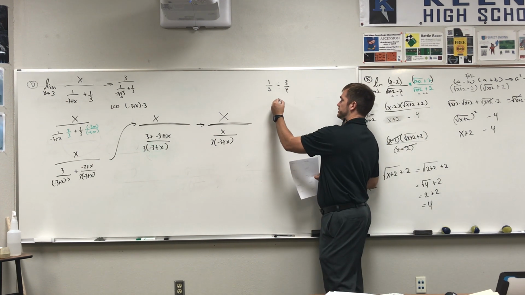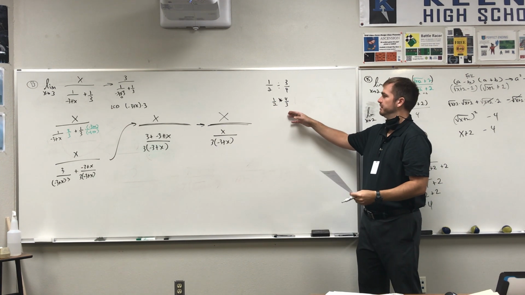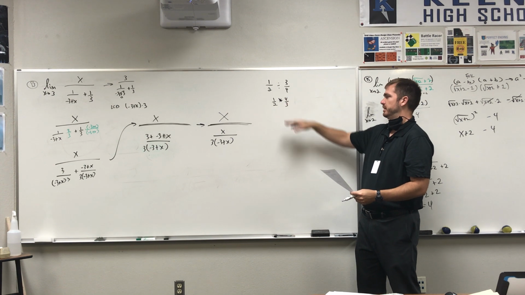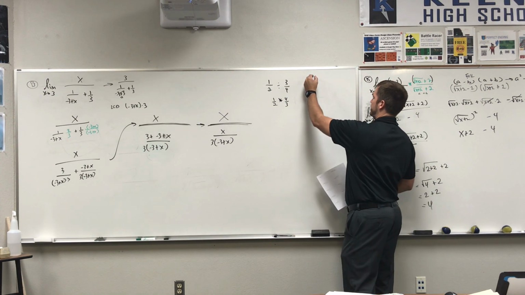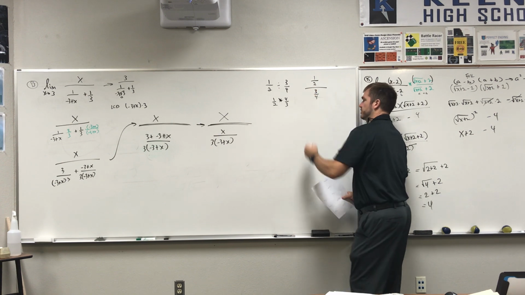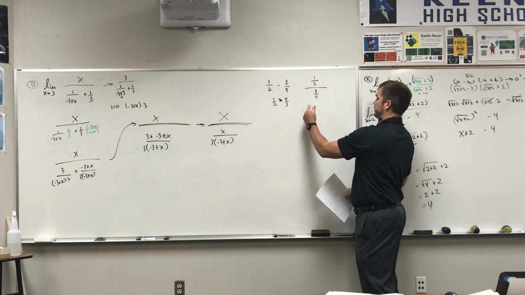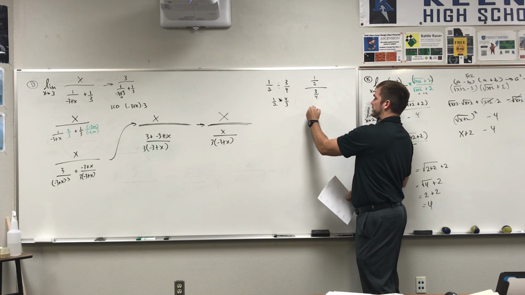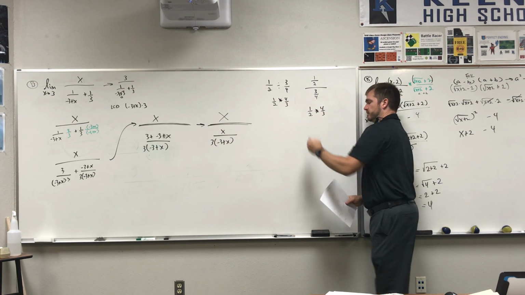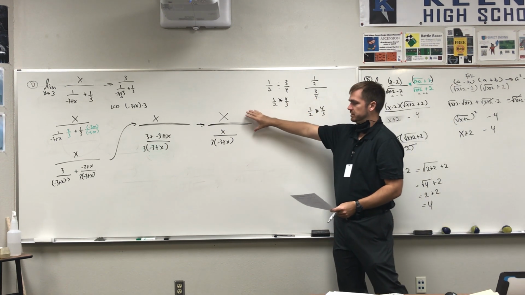Dividing turns out to be the same as multiplying by the reciprocal. Okay? So division is the same thing as multiplying by the reciprocal. So what if I had this? 1/2 divided by 3/4. The same thing. I could rewrite this as 1/2 times 4/3. Yes? Mm-hmm. That's exactly what I have here.